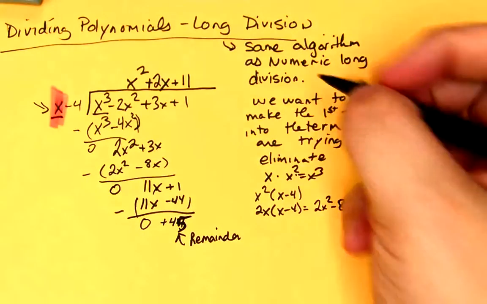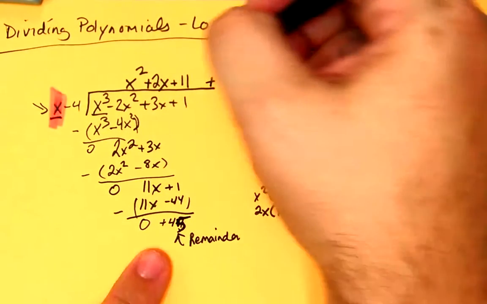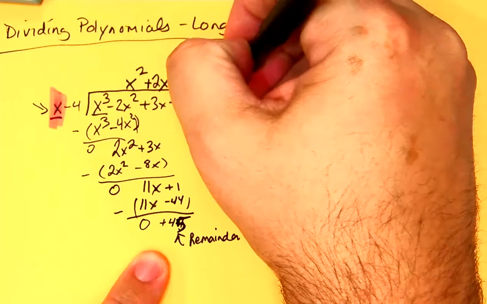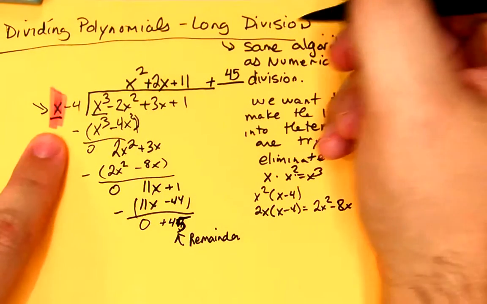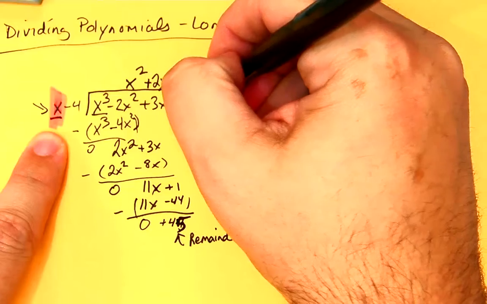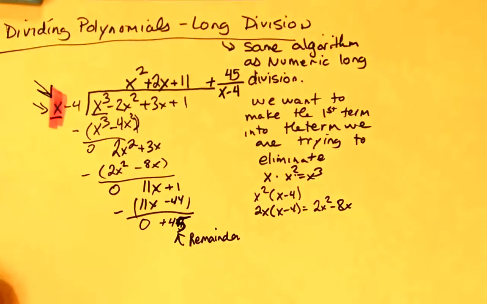And what we'll do is bring this up here, and I'll put a plus sign, and then I'll take the remainder, which is 45, or it could be a negative number, which is no big deal, and it's going to be divided by the x minus 4, what we divided by up here.